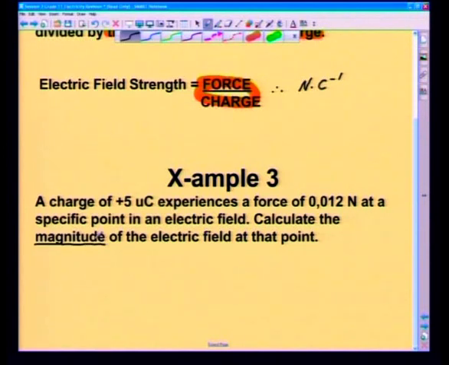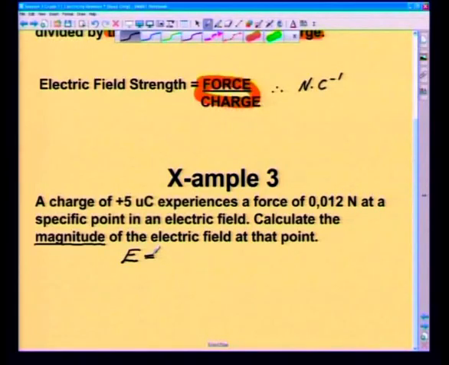It tells you, you don't have to tell us the direction, you just have to tell us how big that electric field strength is. So from the formula given to us up there, electric field strength E is given by force divided by charge. And what will that be?